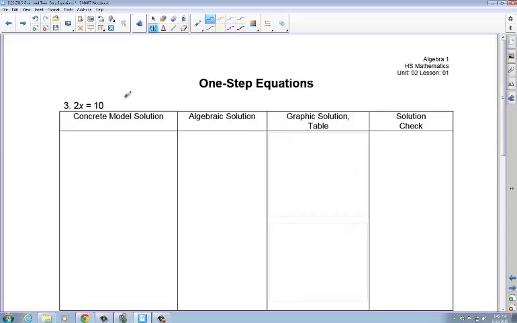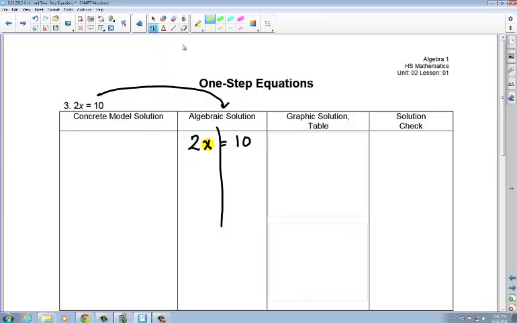Number 3, I'm going to take my equation and copy it into algebraic solution. So we're going to write 2x equals 10, and I'm going to draw my line down the equal sign. I know that I need to isolate my variable, which happens to be x in this example, and so I'm going to highlight it to remind myself that I need to keep that where it is. I need to get rid of all other values. The value that's in my way at the moment is number 2.